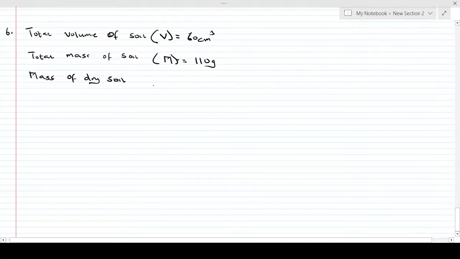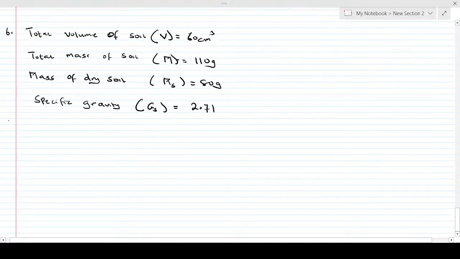And this is mass of dry soil, which gives us 80 grams. Now we have to assume a specific gravity, Gs, as 2.71.